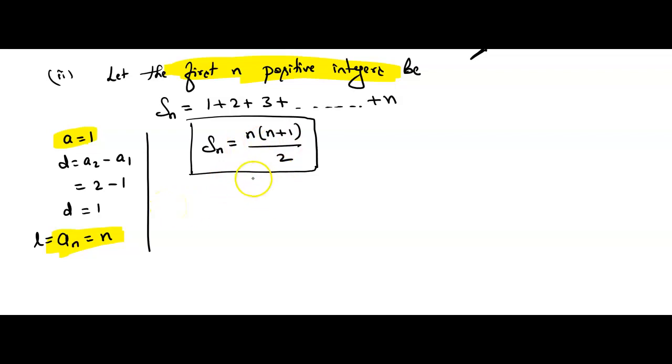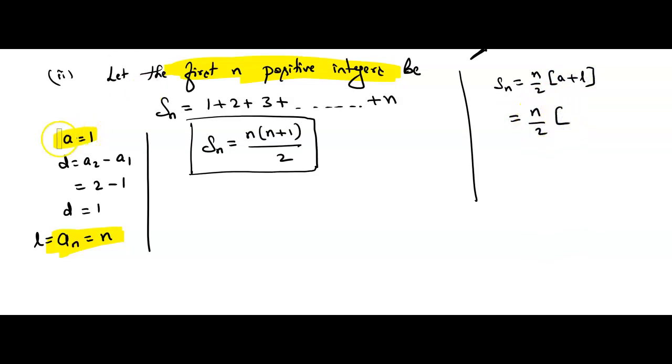How did we get this formula? Can you tell me? See children, I will show you. We know that if the first term and last term are given, Sn equals n by 2 into a plus l. We use this formula, correct? What is the value of n? We don't know, keep it as n by 2.